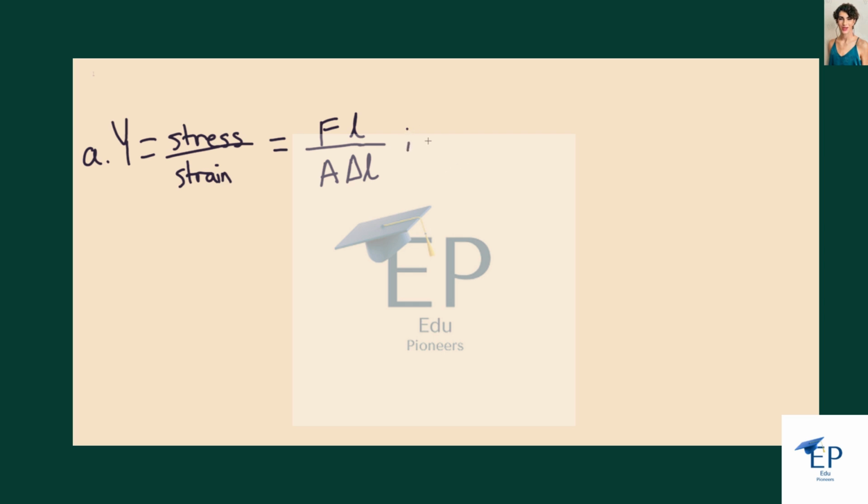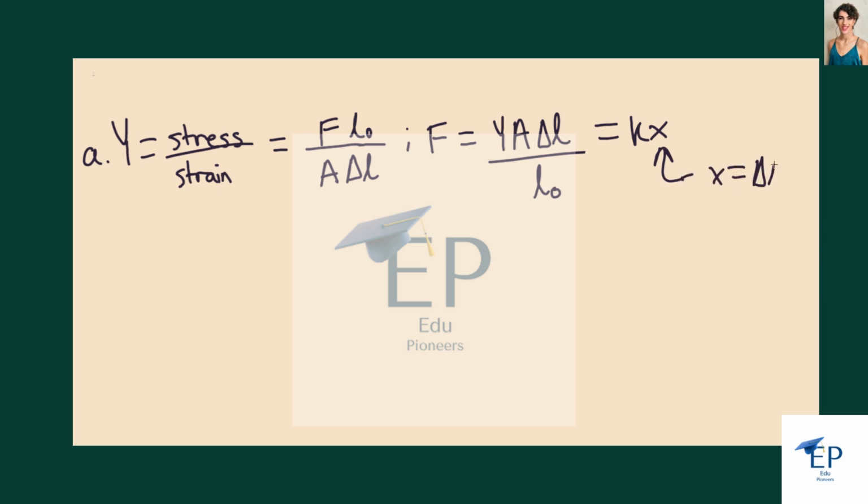And so we find that the force is going to be equal to the Young's modulus times the area times the change in length divided by the original length. And so if we wanted to find the spring constant, by Hooke's law, we know that the force is going to be equal to kx, where here x equals the change in length.